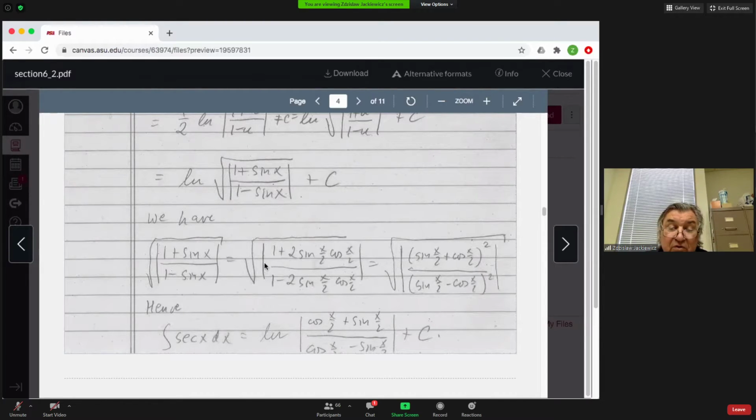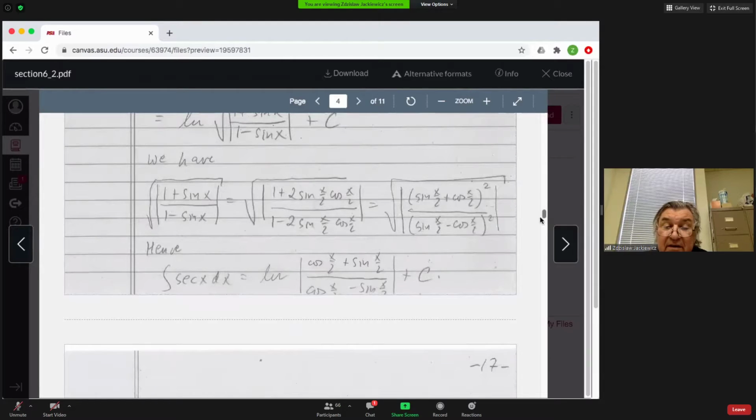Well, that's equal to, using the double angle formula, sine x is 2 sine x over 2 cosine x over 2. And the same thing here. So 1 plus 2 sine cosine and 1 minus 2 sine cosine. Now, see that 1 plus 2 sine x over 2 cosine x over 2 can be written like sine x over 2 plus cosine x over 2 squared. Why?